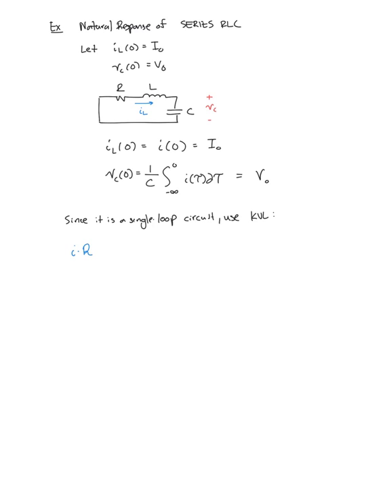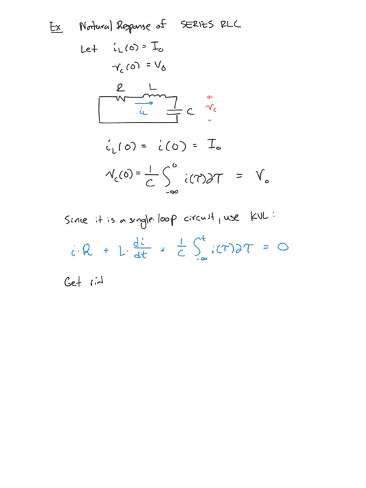The voltage across the inductor, VL, equals L di/dt, so that's L times the first derivative of that current I. And then the voltage across the capacitor is 1 over C times the integral to time t of I. The sum must equal 0.